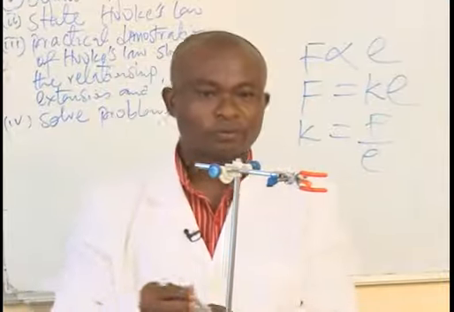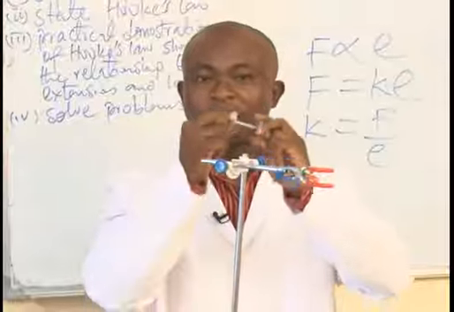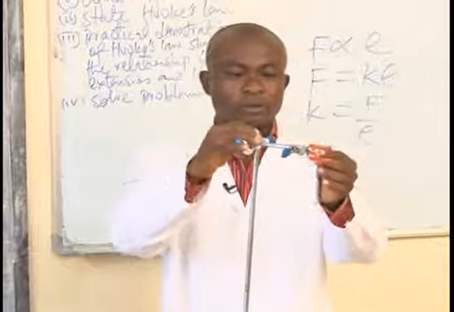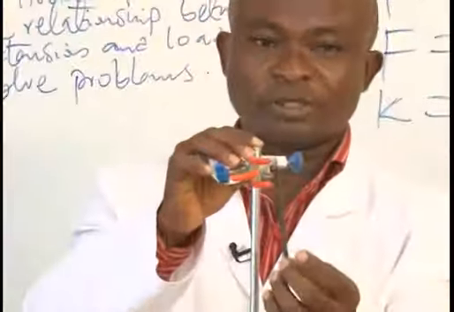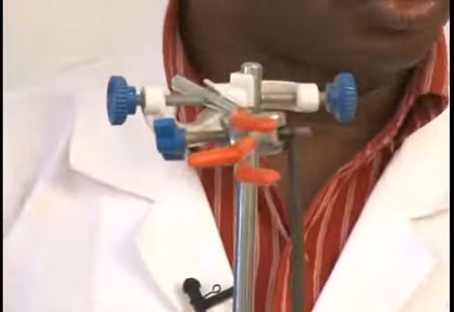These are a set of masses, weights, of different sizes. They are all in grams. Good. First, you try as much as possible to fix your elastic spring on this retort stand. And when that is done, different masses will be given to you of different sizes, depending on what the examiner is asking you to do.